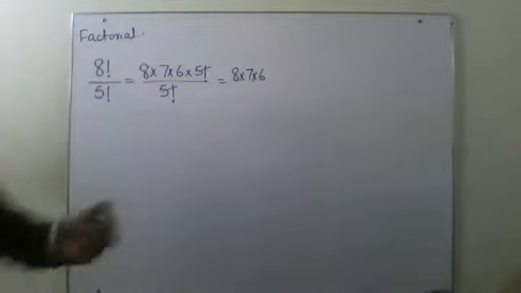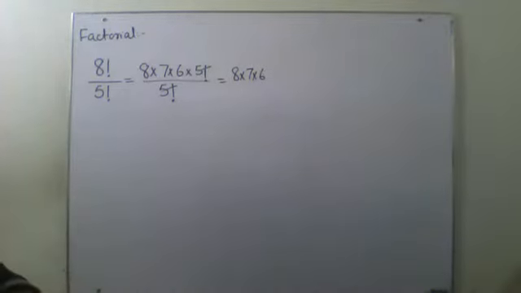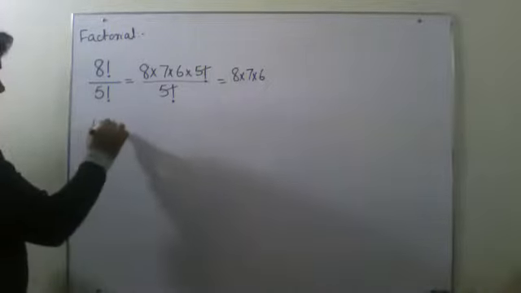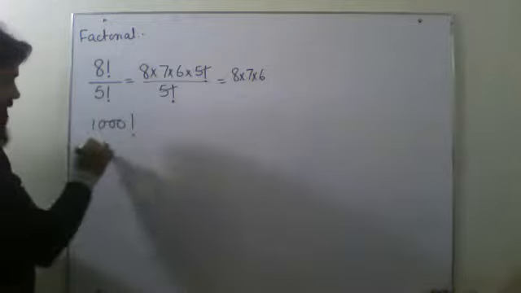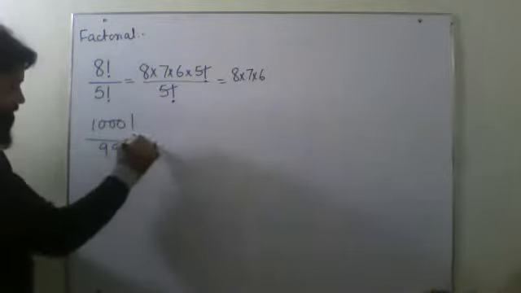Okay, wait, why am I doing it like this? We can do one thing more. For instance, I am giving you 1000 factorial divided by 999 factorial.